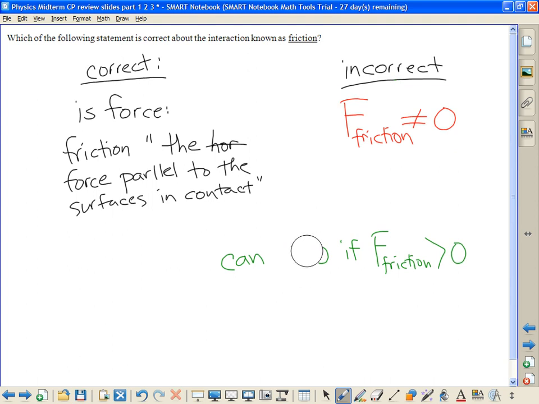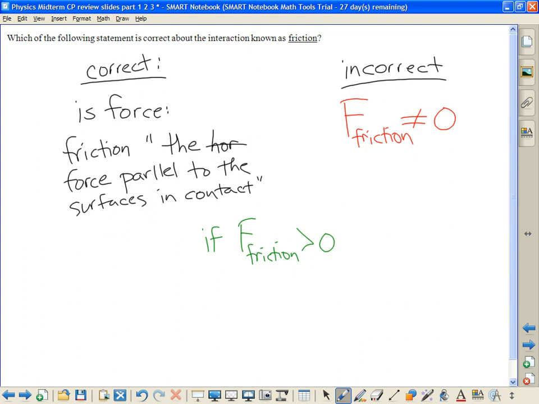Can velocity, if force of friction is greater than nothing, can the, no, never mind. I've managed to confuse myself.